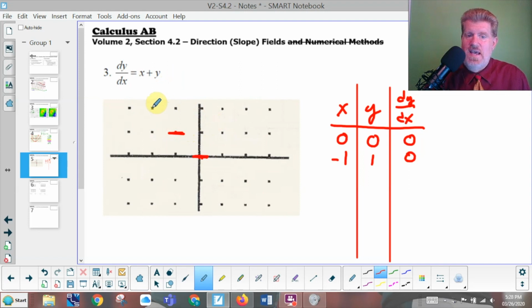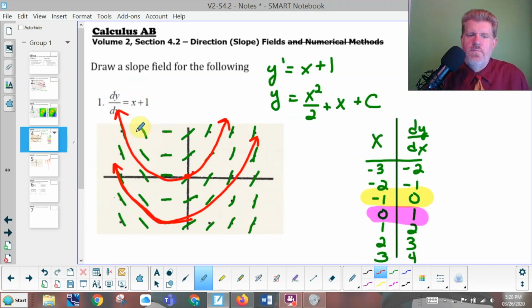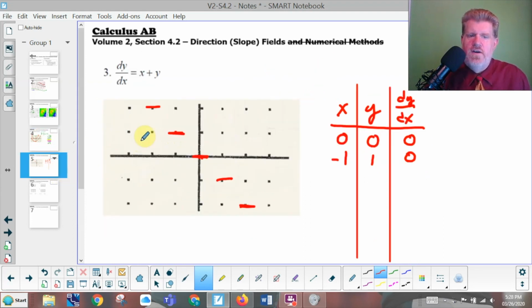So this is -2, 2. You add those up, you get a slope of 0. 1, -1, a slope of 0. So notice how this fits a pattern. Unlike that pattern that was straight up the x values, this is a pattern that would be diagonal. And let's see if that works for the next one.